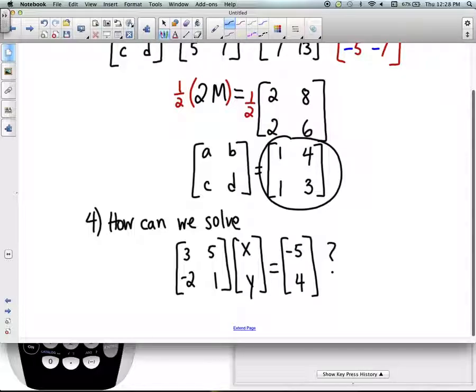There's no such thing as dividing matrices. So when we get to solving something like this, as opposed to some of the simple ones we just looked at, it's going to get a little more complicated. We need something called an inverse. So the rest of your notes in the next video, we'll take a look at how to find an inverse so that we will then be able to solve an equation that looks like this.